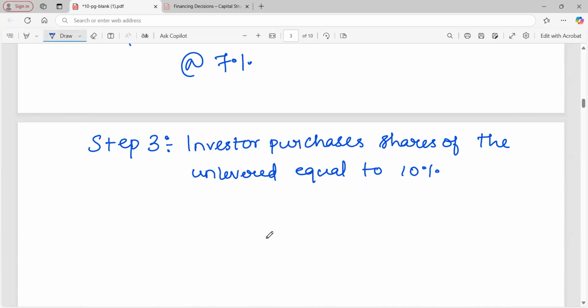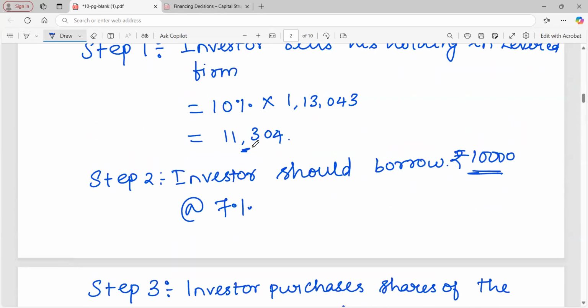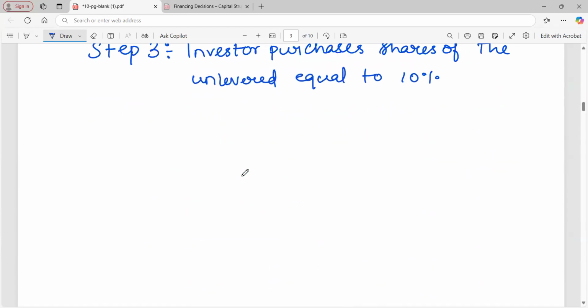Now listen. In the first step, the investor received 11,304 by selling the shares of the levered company. It's a cash inflow. Then in the second step, the investor further borrowed 10,000 rupees, right? So again, it is a cash inflow. Now, what is the total cash available with the investor?